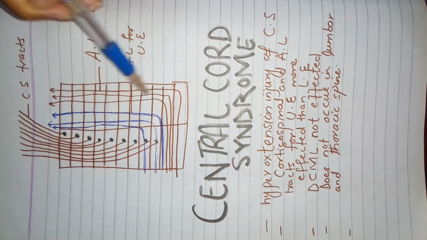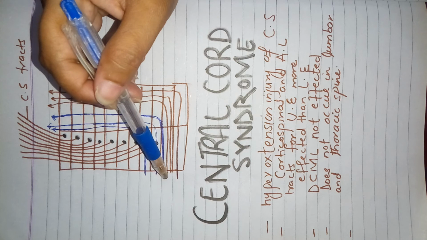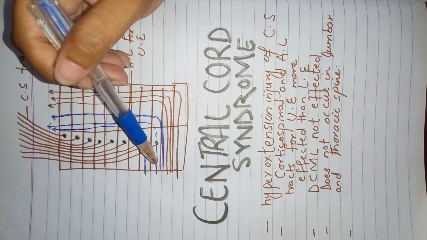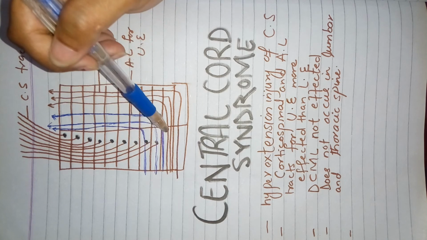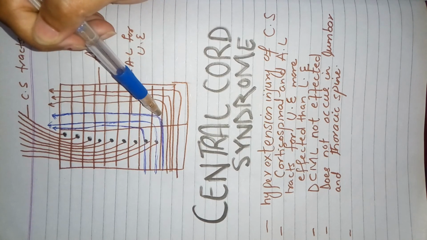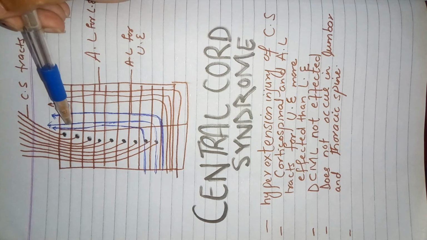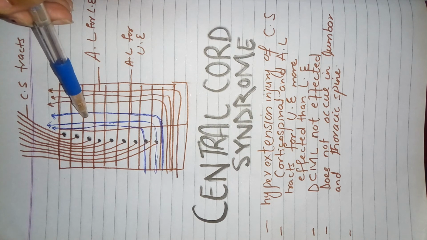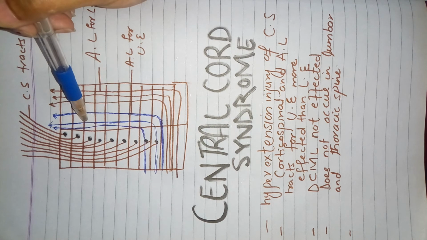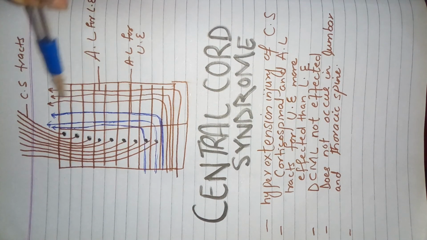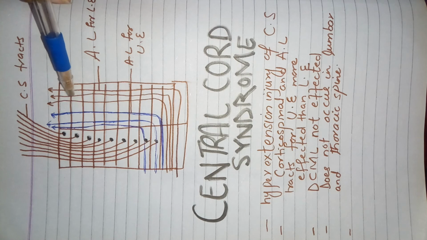The tracts from the upper extremity enter and cross to the opposite side and are present more medially as they move towards the brain. So the anterolateral spinothalamic tract for the upper extremity and the corticospinal tracts for the upper extremity are both located more centrally and medially as compared to those for the lower extremity.